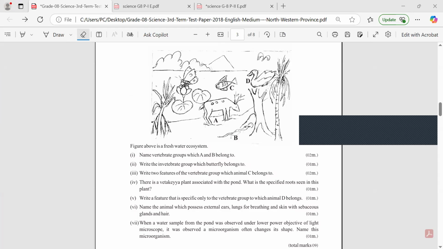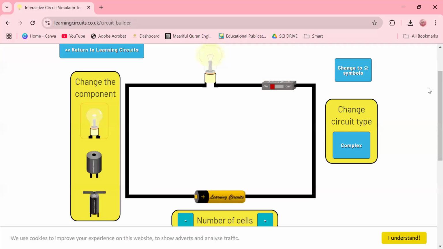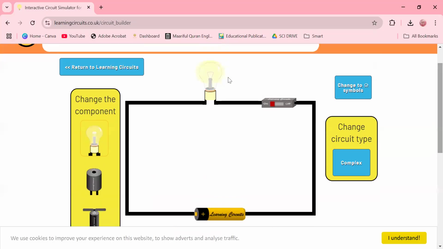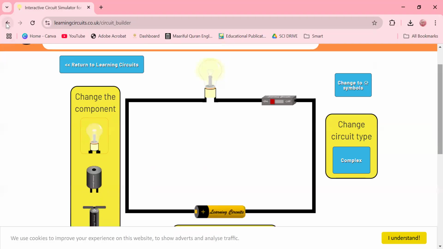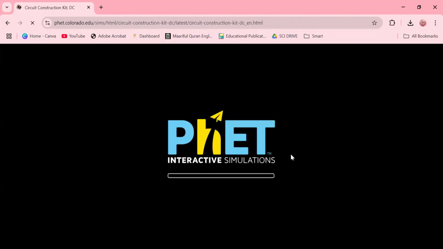By the way, I just want to share this with you all. There are these circuits where you can change components and play with them, okay? But don't try this before your exams. You have to focus on your exams, but once your exams are done, you can go through this website.